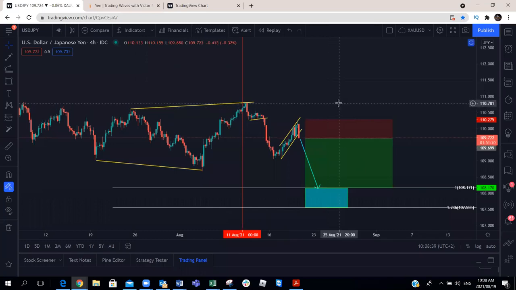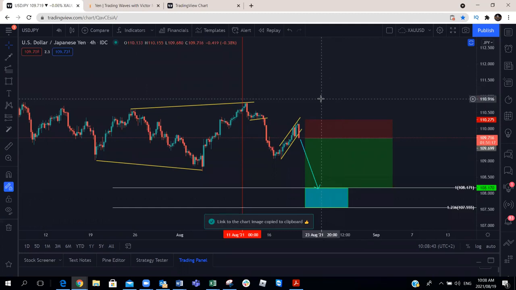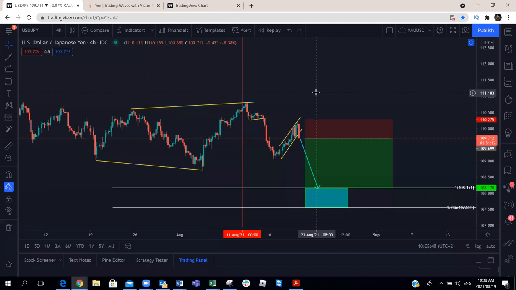I just want to share the link. TradingView doesn't want me to snap it up.